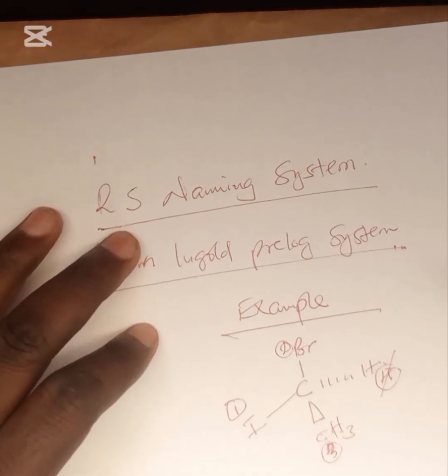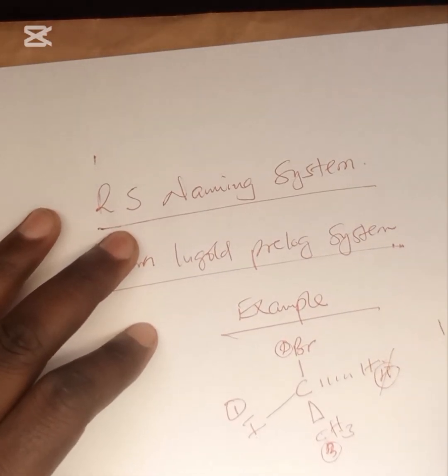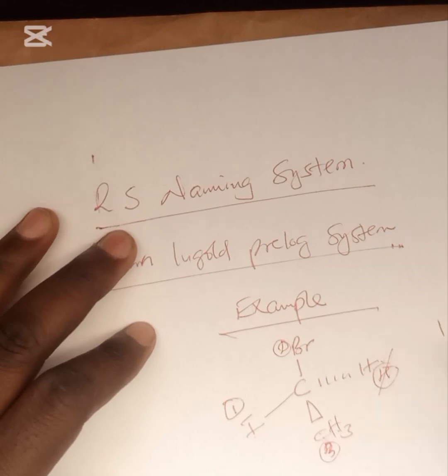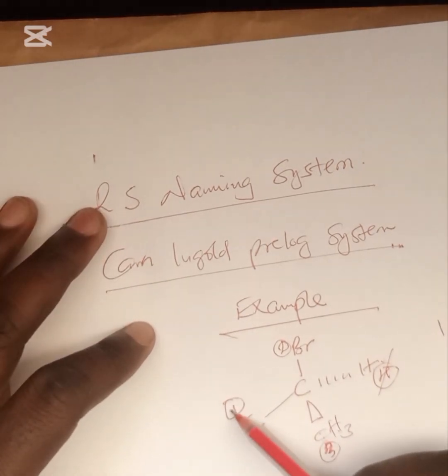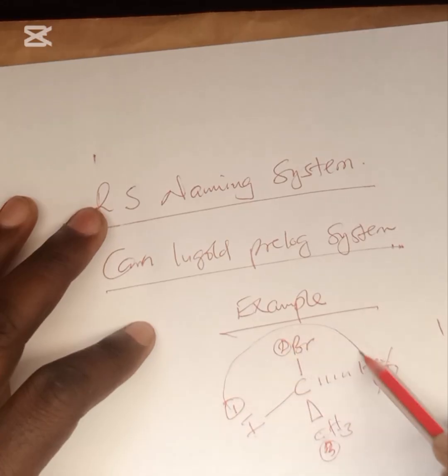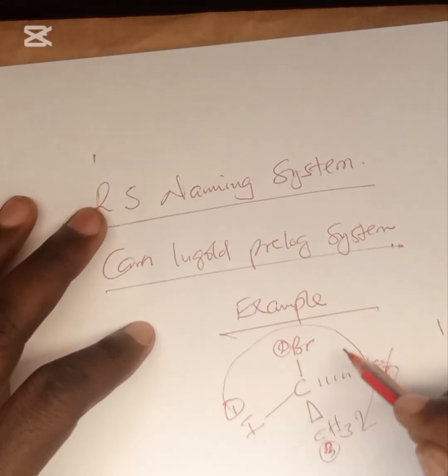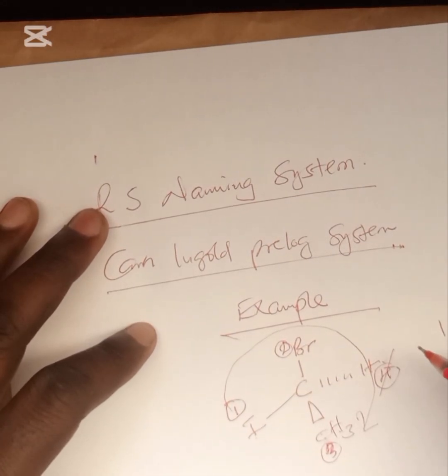Once you've done that, you need to draw an arc from 1 to 2 to 3, and from there you should be able to assign the configuration. If you draw it like this, 1, 2 to 3, you see that you're moving in a clockwise direction.